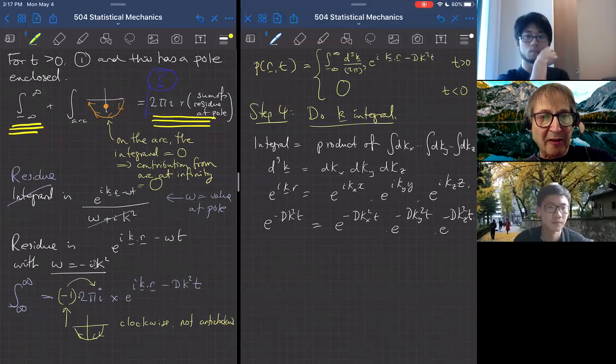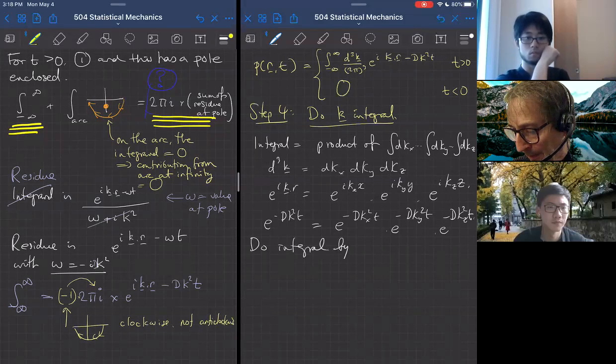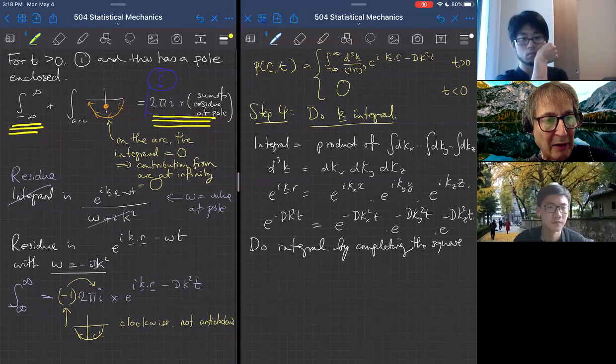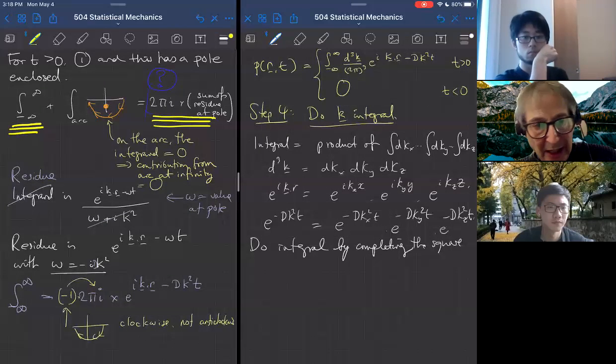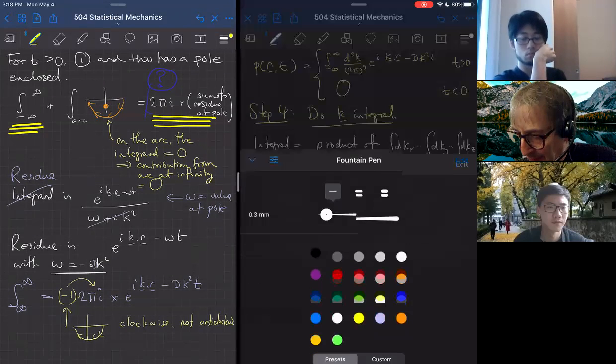So everything just factorizes, and we can do the integral by completing the square. So it's just the Fourier transform of a Gaussian, and what you end up with is, and I'll let you do that for yourself.